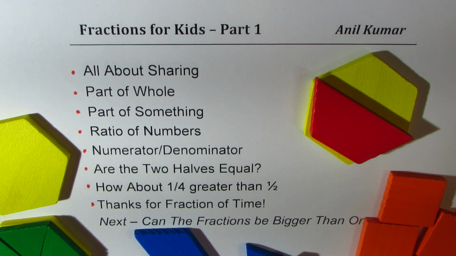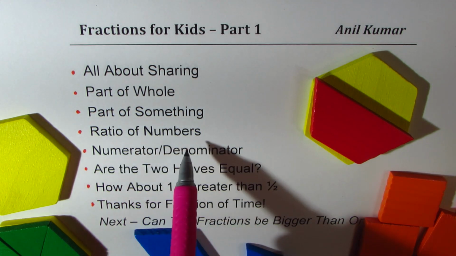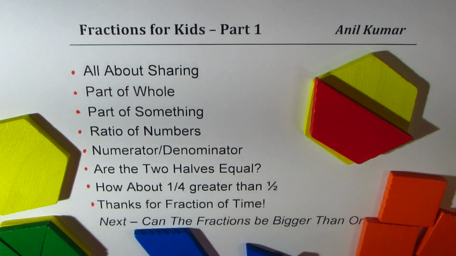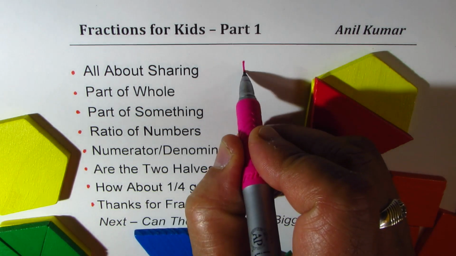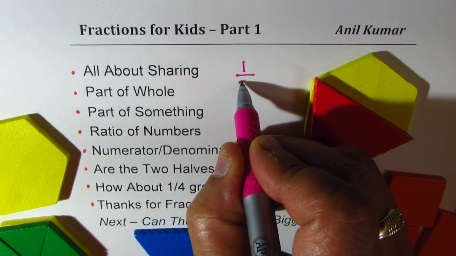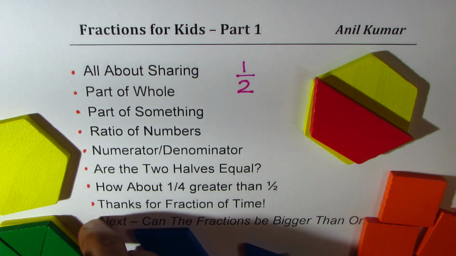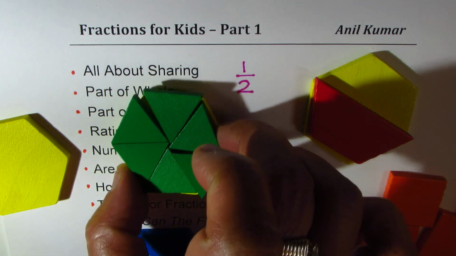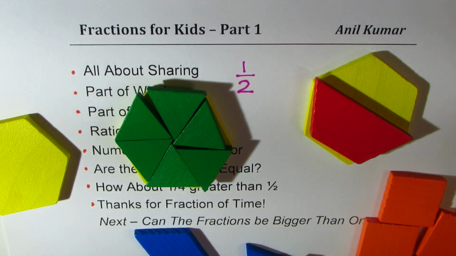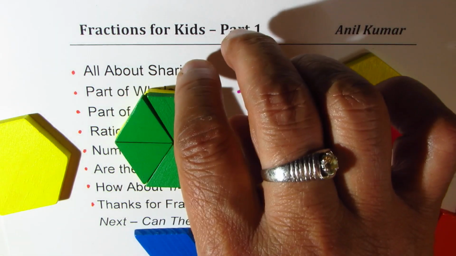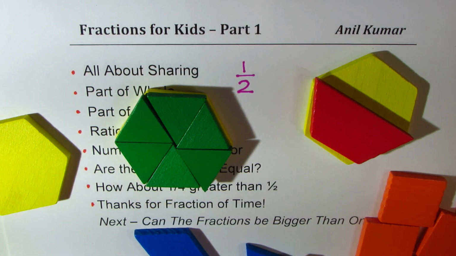So we'll also talk about fractions as a ratio of numbers. So till now we talked about half, which is written as 1 over 2. So what really happens is that if you have, let us say here, something which could be cut into 6 pieces and all 6 same size, this is very important, all 6 same size.